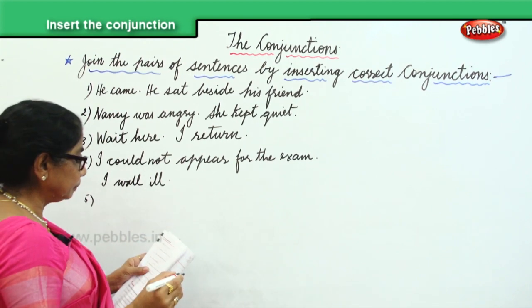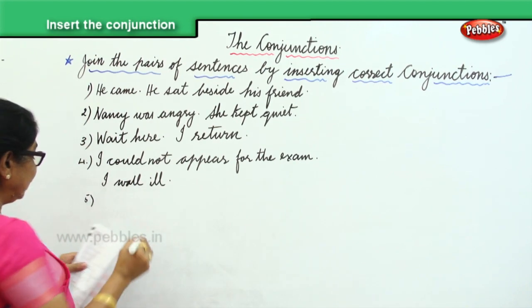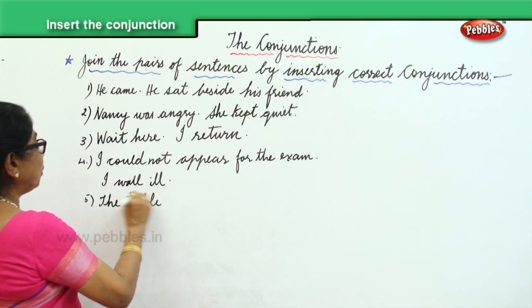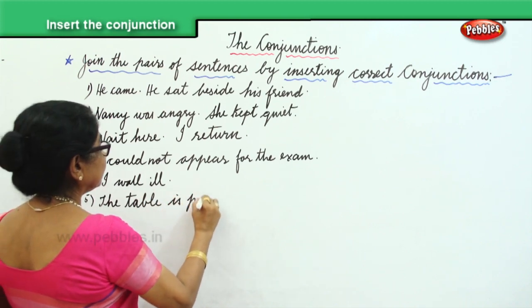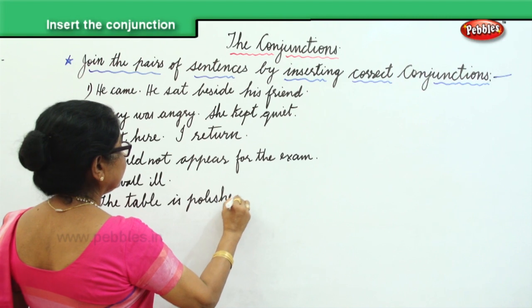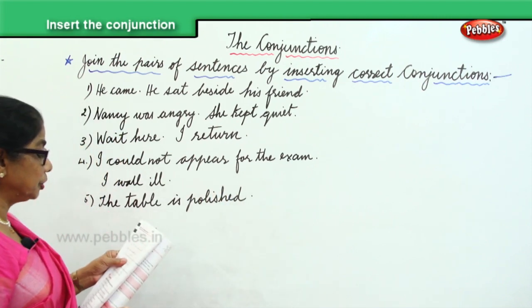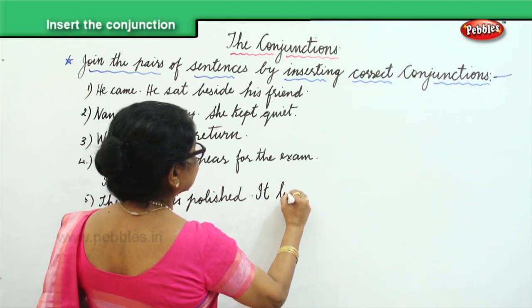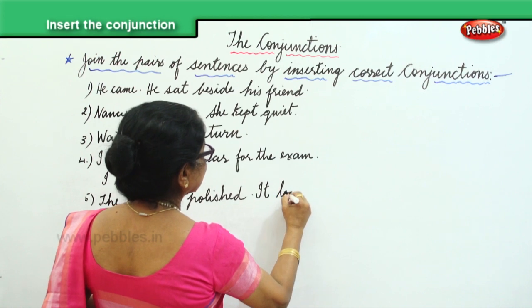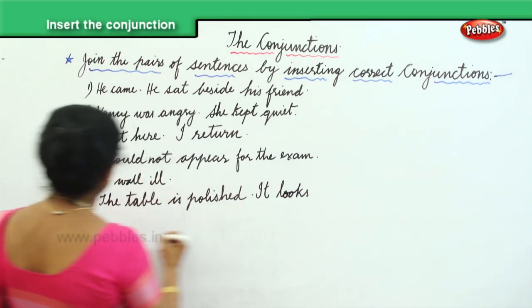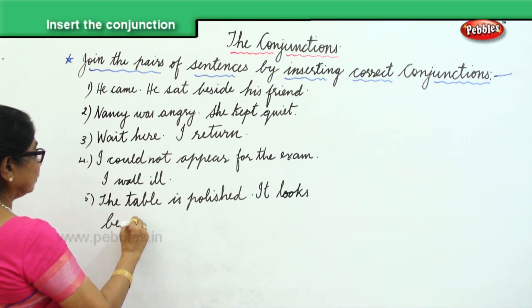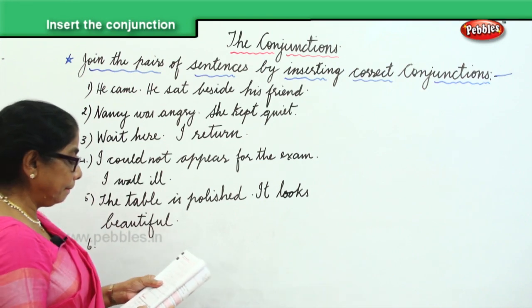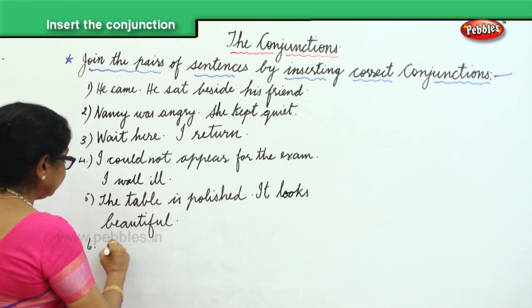Next we have, the table is polished. It looks beautiful. Then, she is slow.